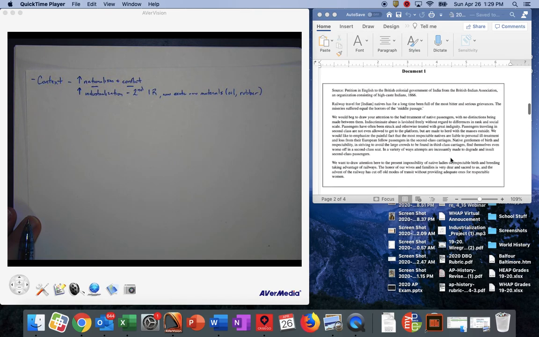All right, so let's move on to document 1. If you want to pause it and read the document, of course, I'm going to post this alongside the video, so you don't need to worry about doing that if you don't want to. But here's the gist of what document 1 says.